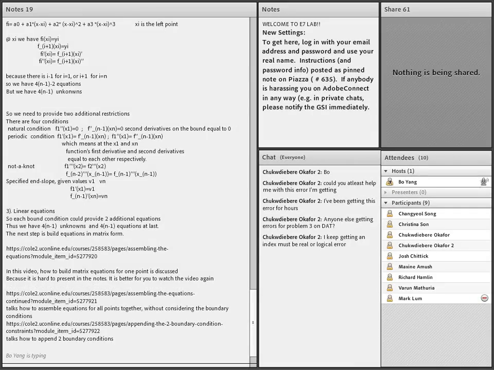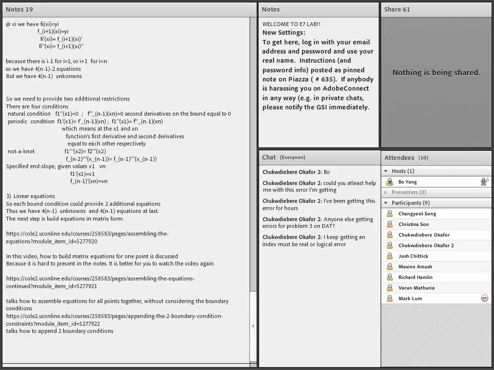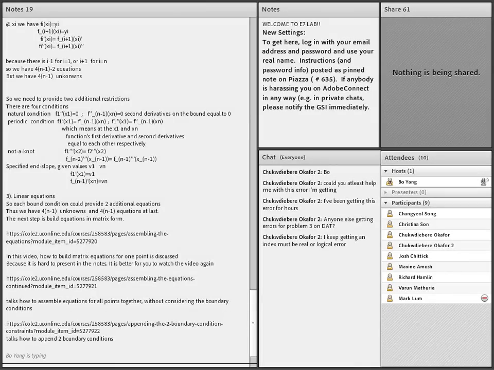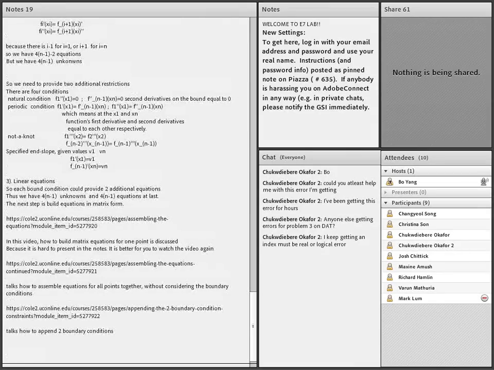So the next link talks about how to assemble equations for all points together, but it does not include the consideration of the boundary condition. Then in the next video, the two more equations are appended. At last, we have the matrix.